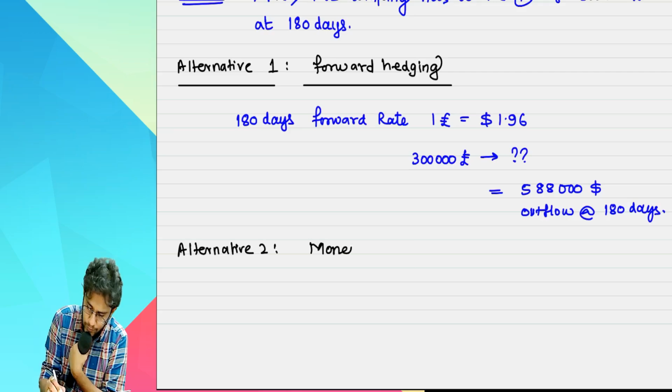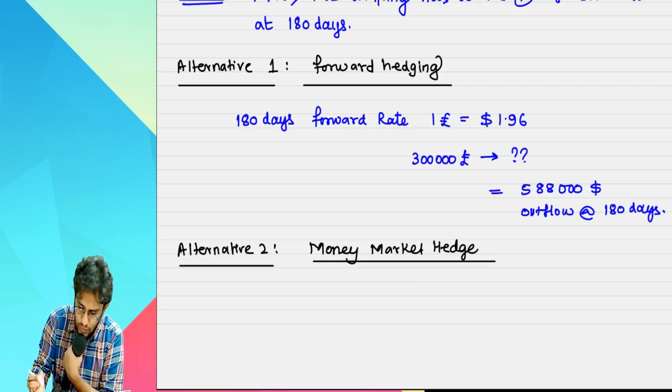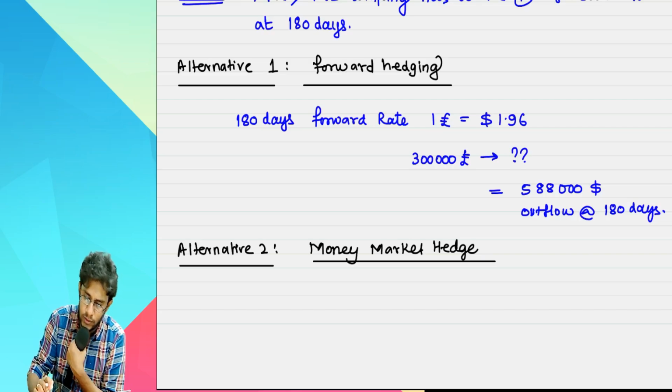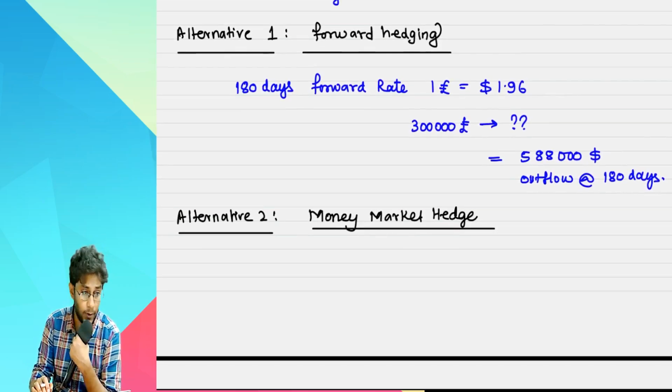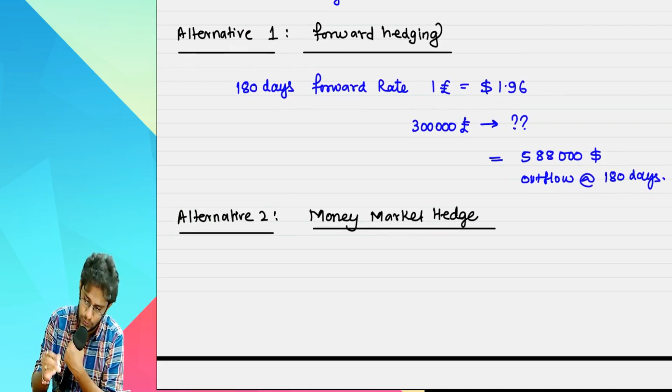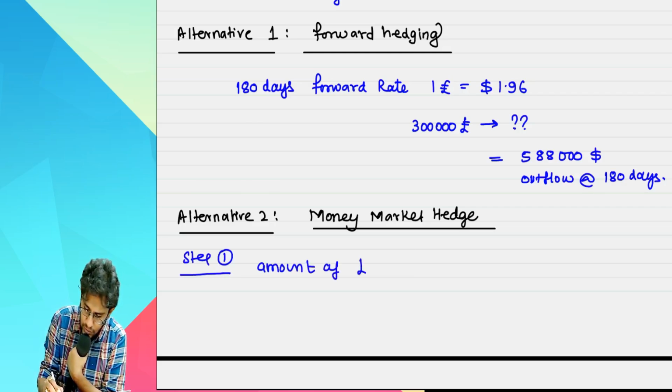Alternative 2. Money market hedge. You are a US company, you have a pound payable, so you have to create a pound receivable by making a pound deposit today. So your step number 1 should be the amount of pound deposit to be made.